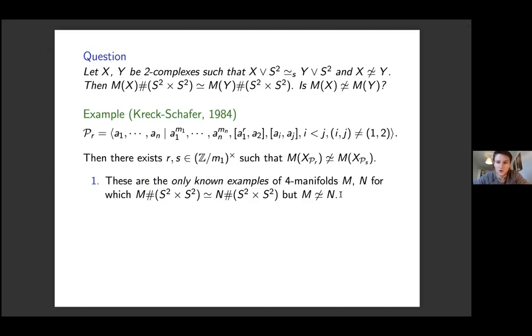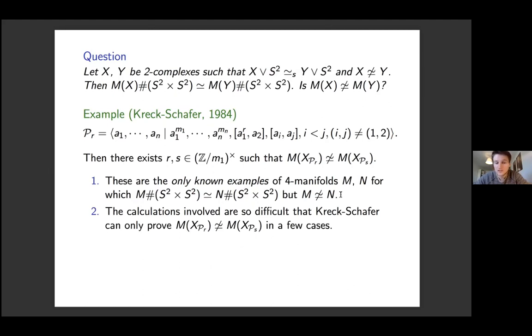The whole reason for this is that finding examples of 4 manifolds which are stably homotopy equivalent but not homotopy equivalent is a very subtle business. There are a lot of assumptions on the fundamental group, for example, which you'd expect would ensure that this is the case, and the algebra involved becomes quite subtle.